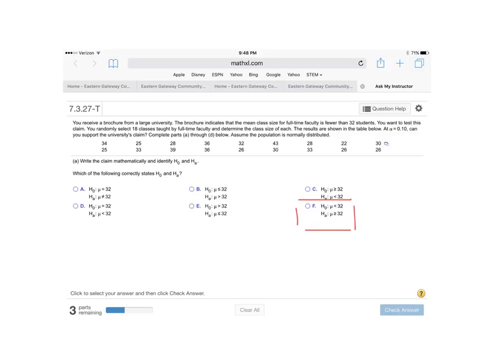Well, we've got to take these values, these numbers of class sizes, and we've got to put them in our calculator. So now the question is, how do I go about determining the p-value? Well, because in our alternative hypothesis we said that we believe that it's actually greater than 32, we've got to find our area above that t-test statistic.